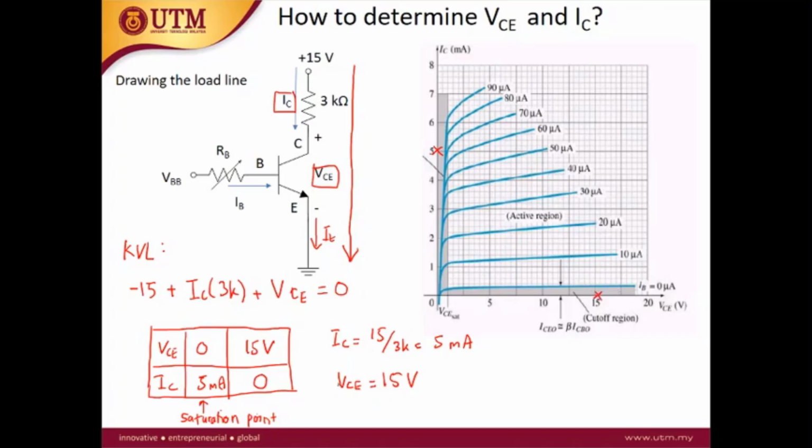This is the point here, and this point is called the cut off point, meaning the condition where the IC is equal to 0. Again, the saturation point is the condition where the IC is the maximum.